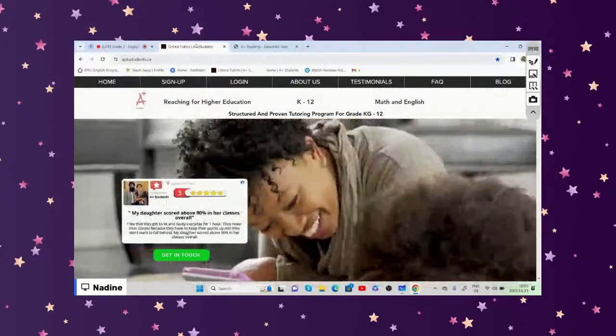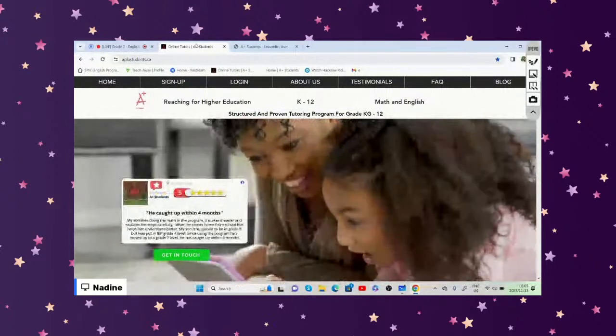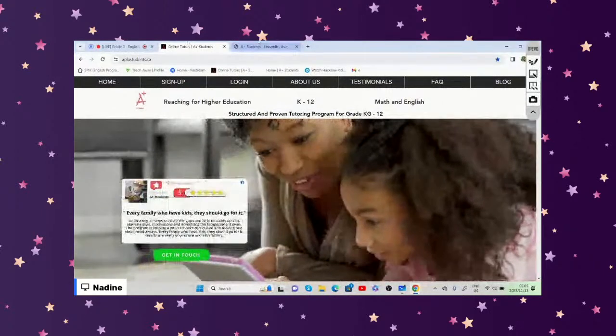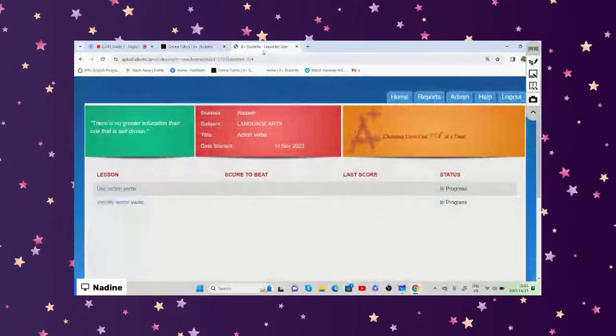Then we're going to scroll down until we get to the chapter of action verbs.